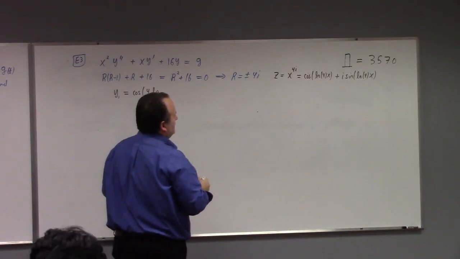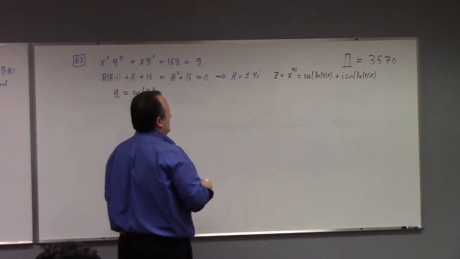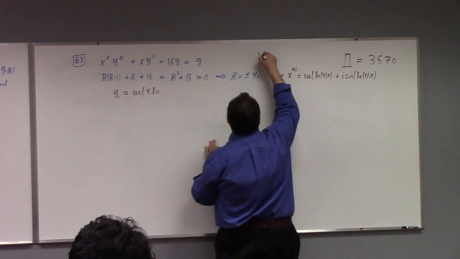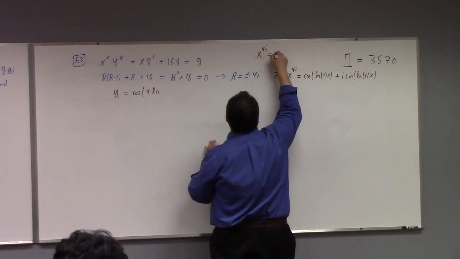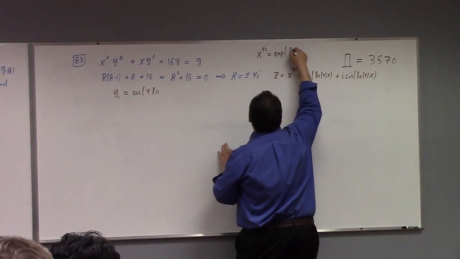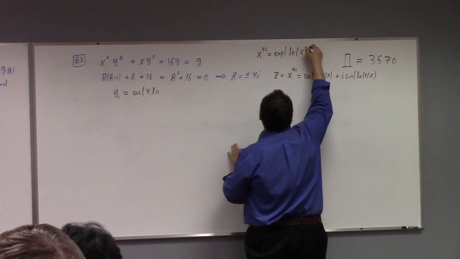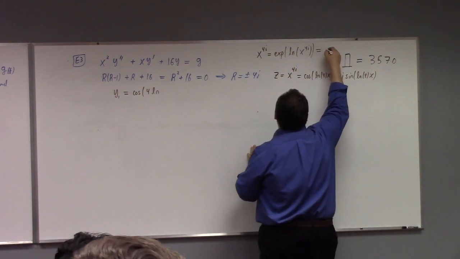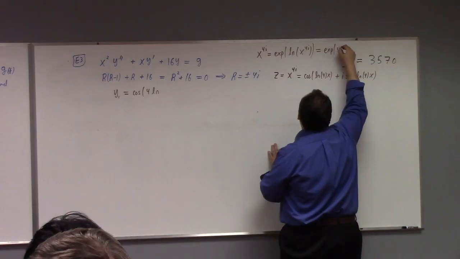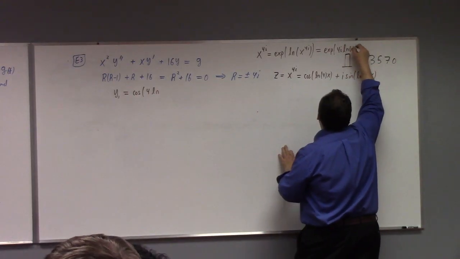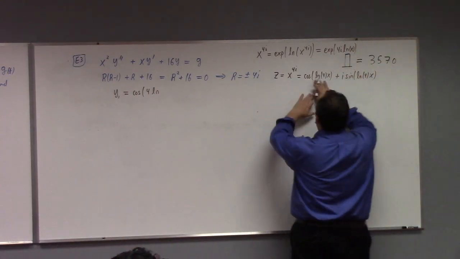Oh, wait a minute. Did I? Ooh, my bad. Let me just do my formal heuristic here for a second. This is exponential of the natural log of x to the 4i, which suggests to me exponential of 4i natural log of x, which does not suggest what I wrote.